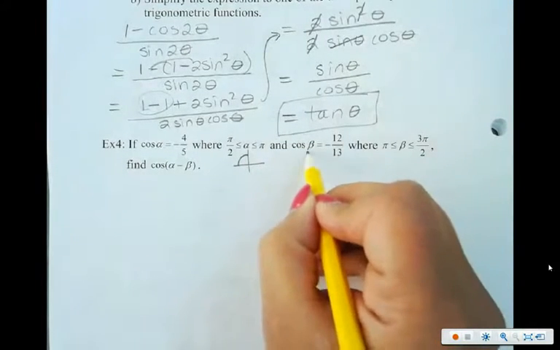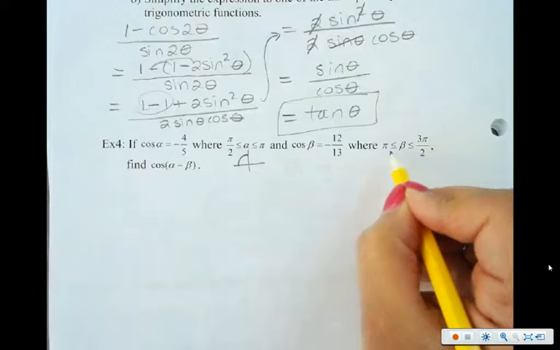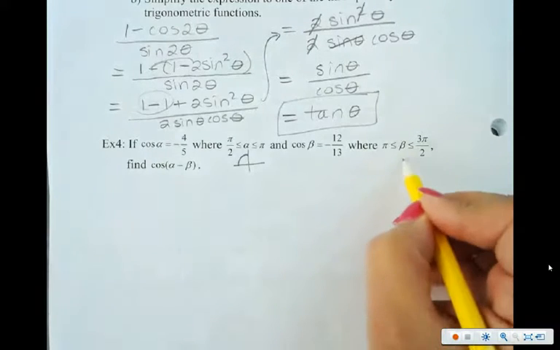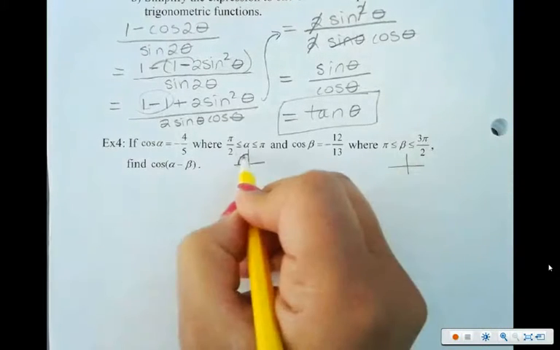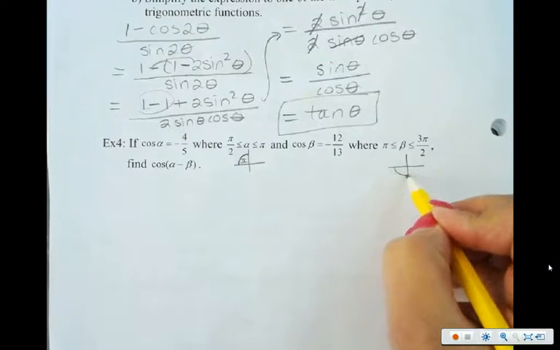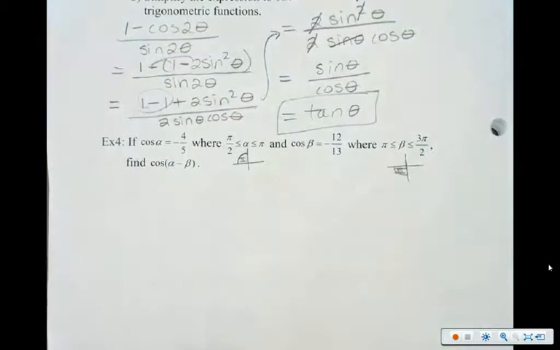And cos beta is equal to -12/13, where beta is between pi and 3 pi by 2. So what is that referring to? Okay, so this is quadrant 2. This here is between here, quadrant 3. I should make 3 lines for 3. Okay, so I need to figure out cos of alpha minus beta.